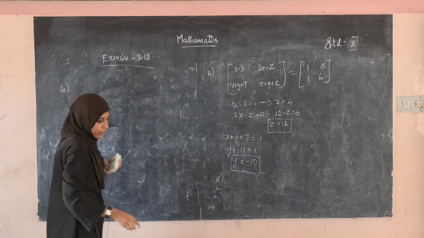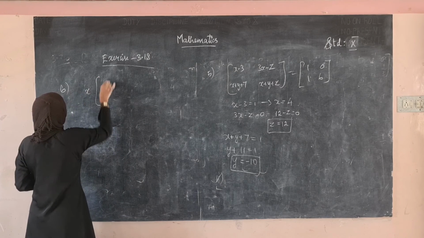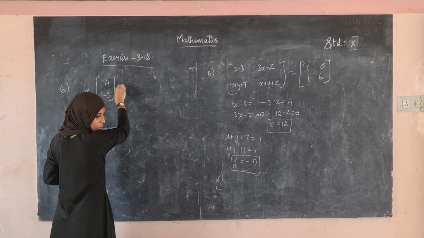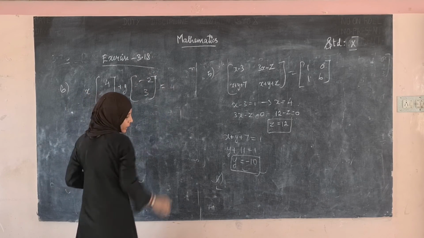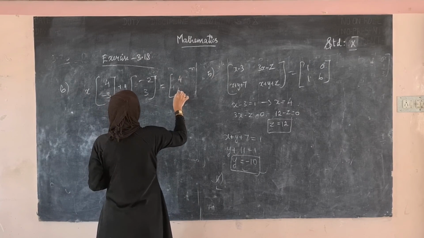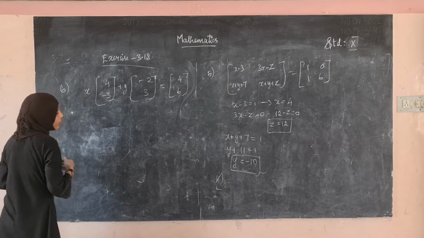Sixth sum. Okay, we are going to solve the sixth sum. We have to find x and y. x into the matrix 4, minus 3, plus y into the matrix minus 2, 3, which is equal to the matrix 4, 6. Okay, we have to find x and y.